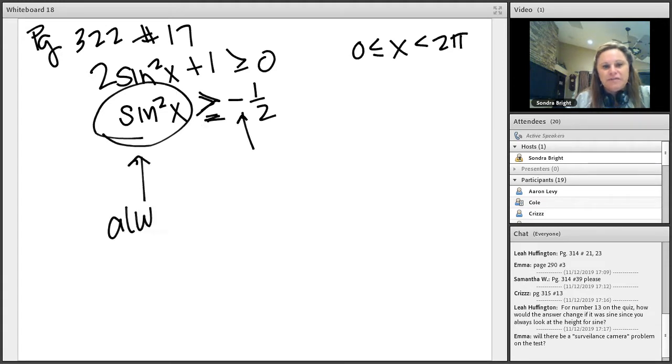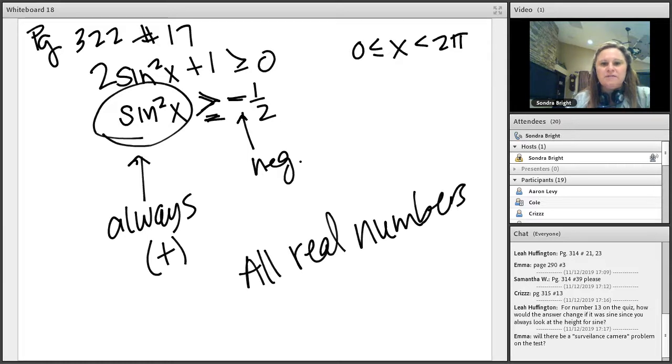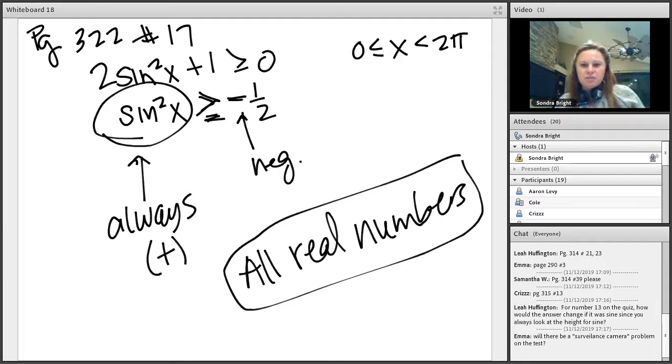It's always positive, and that's a negative, right? And so all real numbers. Something squared is always positive. So if you're doing an inequality of something squared, when is it greater than or equal to a negative? Always. Always and forever. So that was 322, number 17.